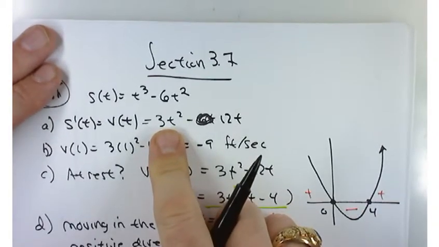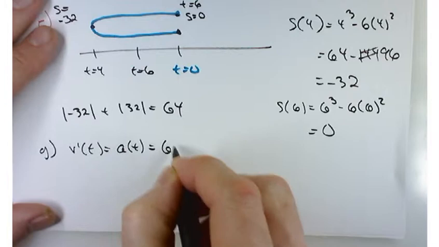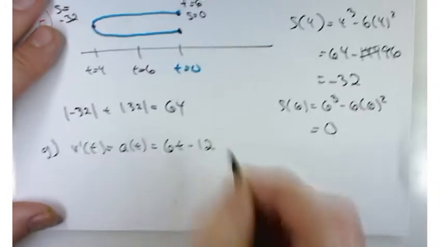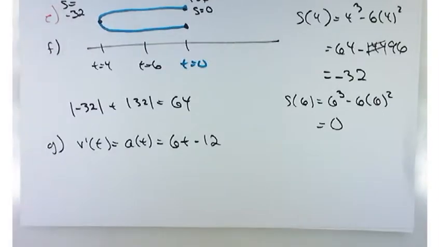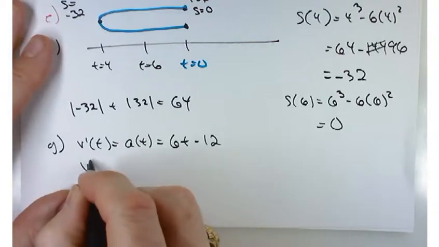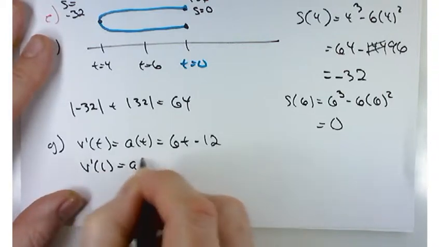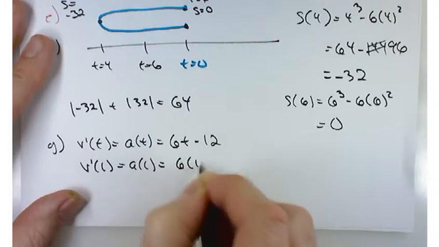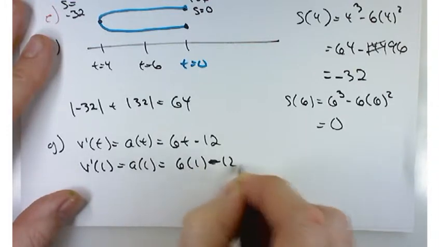Let's go back up here. v prime of t is going to be what? Perfect. 6t minus 12. And then the second part of this is v prime of 1, or a of 1, which is negative 6.